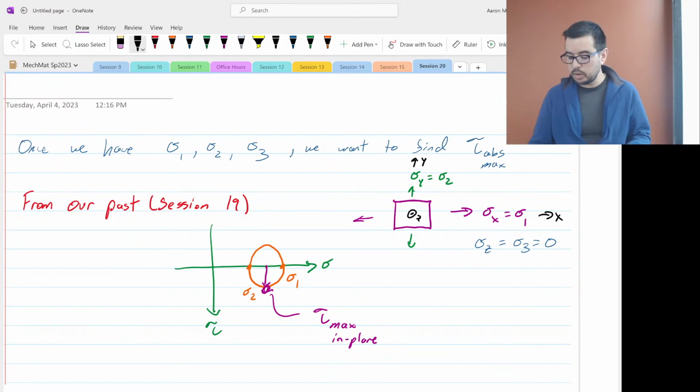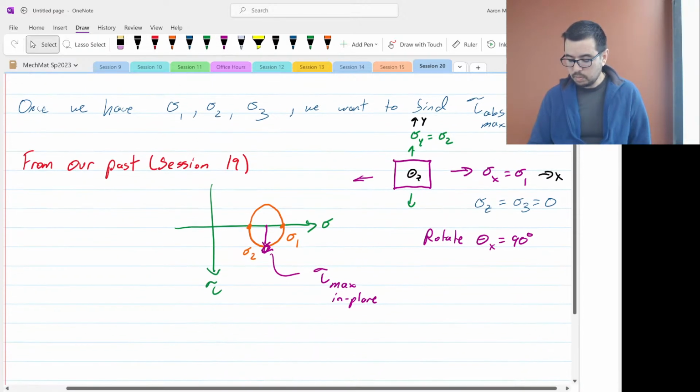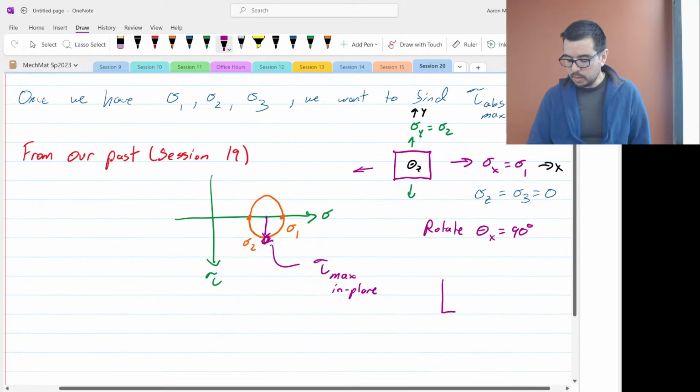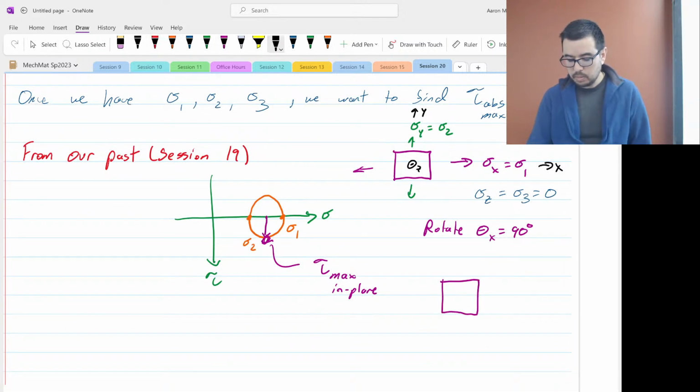So if we do that, what happens? Let's say we rotate theta x equals 90 degrees. If we do this, we're going to draw another element, and the x direction stays the same. This x is still x.